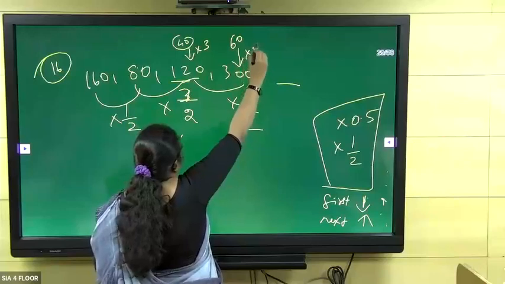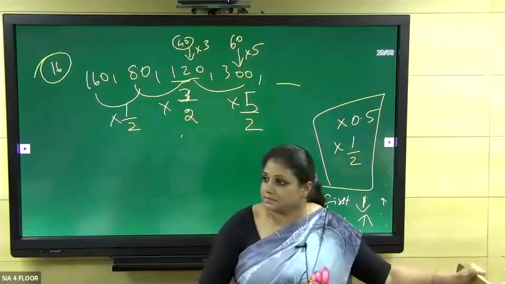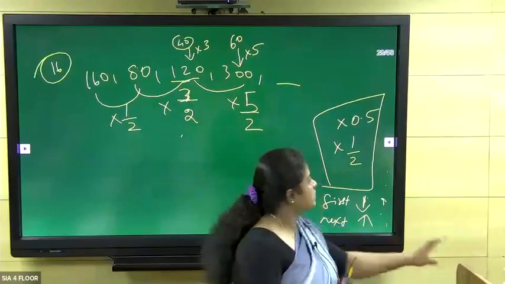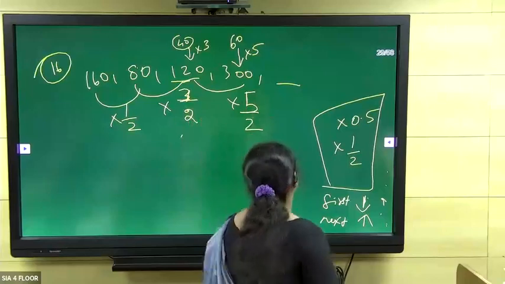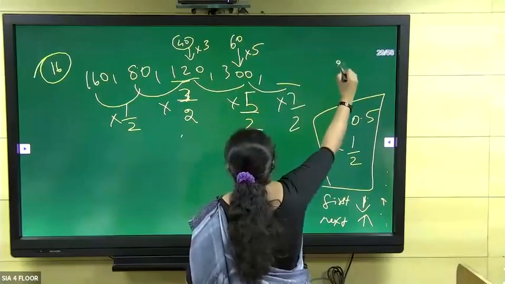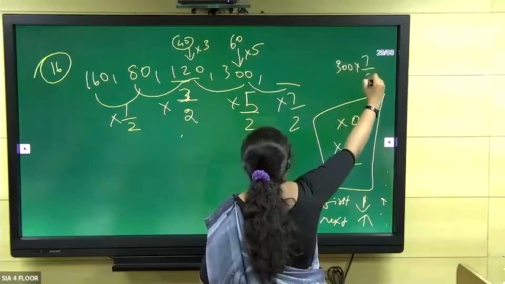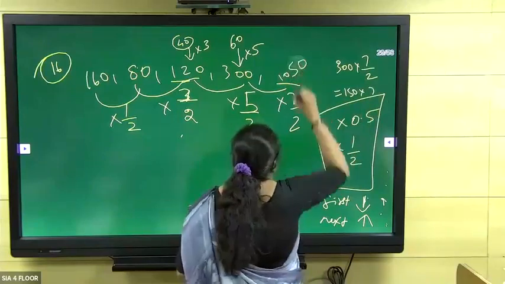So you have to multiply this with 5. So you make it half, and you have to do something else. Got it? So it's 1 by 2, then 3 by 2, then 5 by 2. So next should be 7 by 2. So 300 into 7 by 2, 150 into 7, 1050.